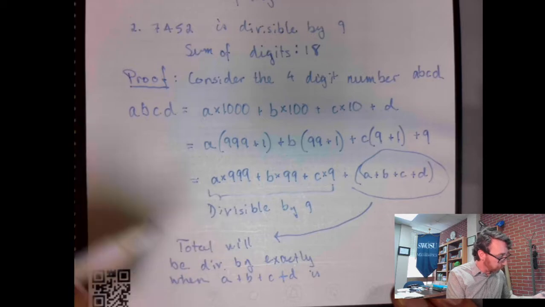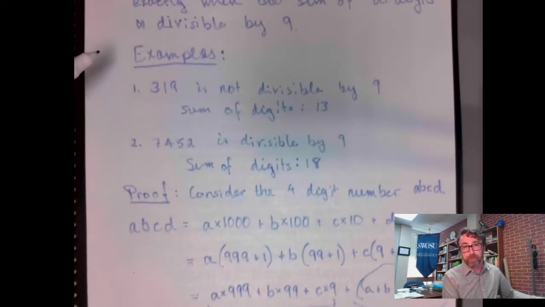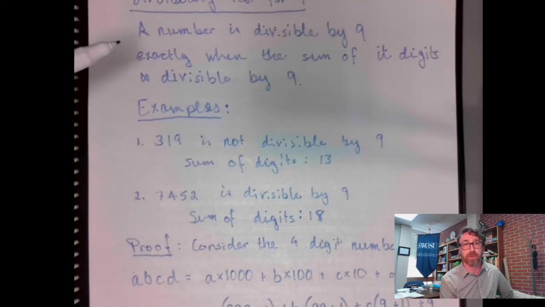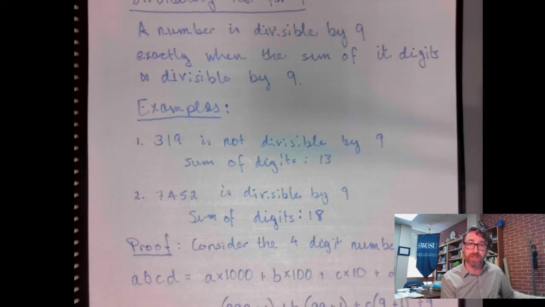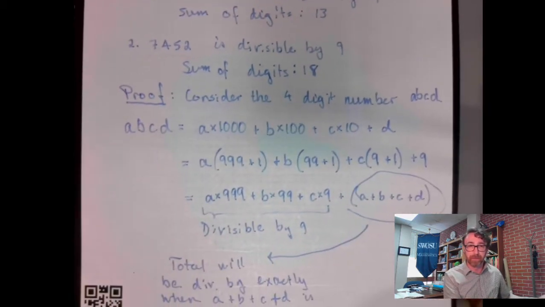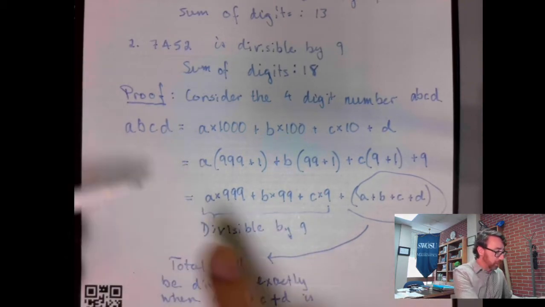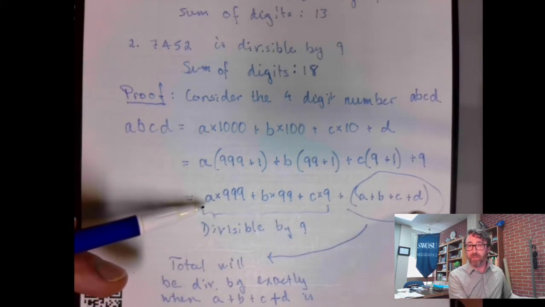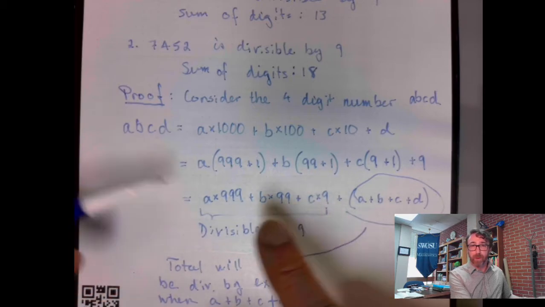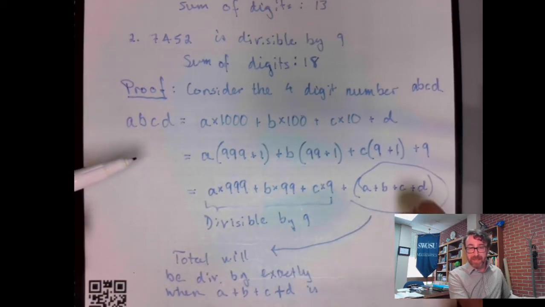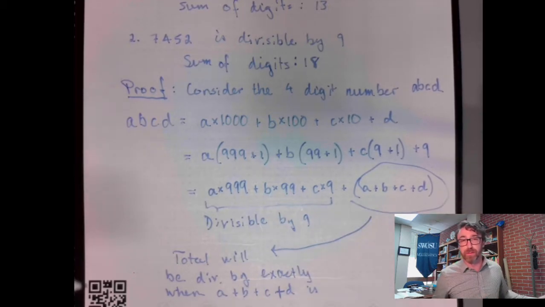Well, if you look up here, that's exactly what the claim was. A number is divisible by 9 exactly when the sum of its digits is divisible by 9. Well, that's our number. We just wrote it out in this expanded form. So our number is divisible by 9 exactly when this total, the sum of the digits, is divisible by 9.